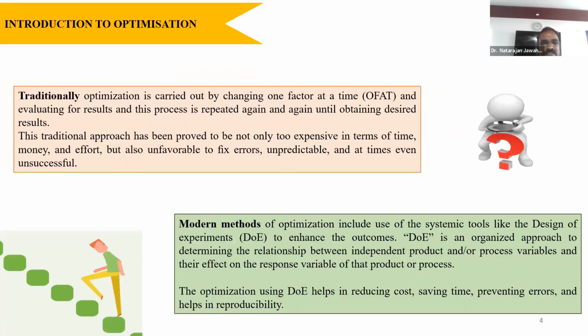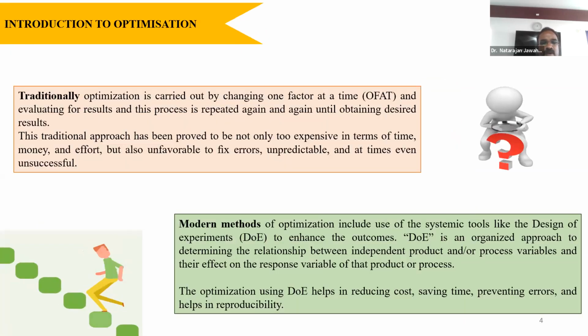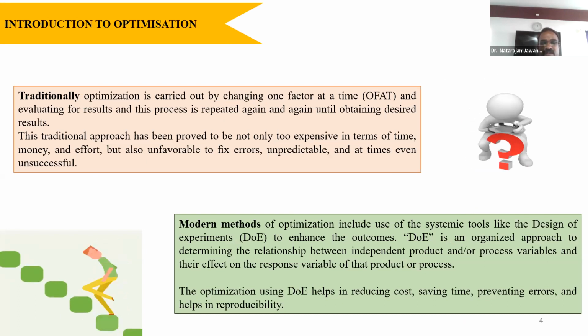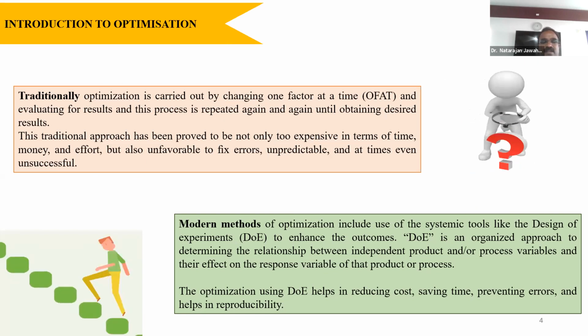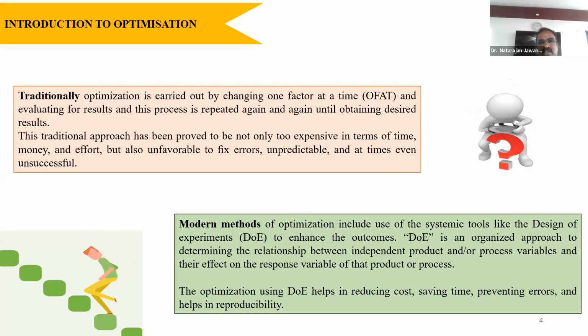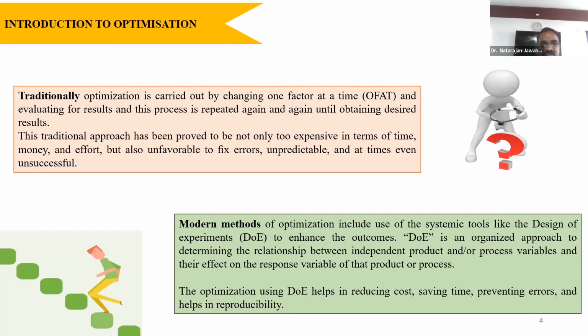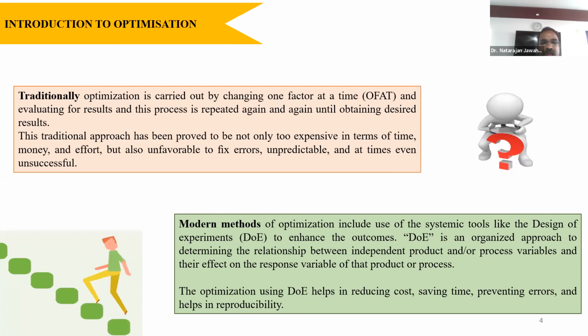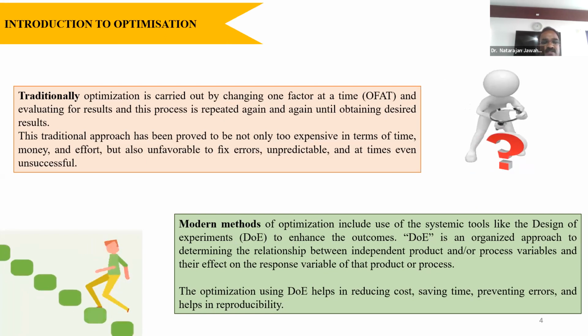As I told, traditionally optimization is carried out by changing one factor at a time. That is called OFAT, one factor at a time. Every time we change only one factor, keep all other factors constant, check the response and evaluate the results. This process is repeated again and again until obtaining the desired results.